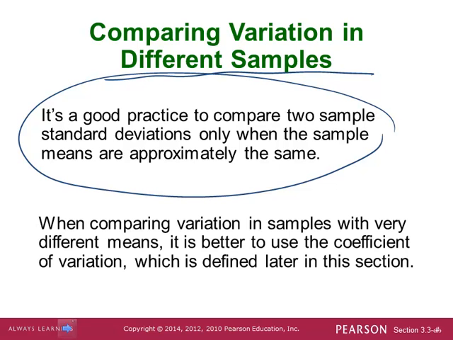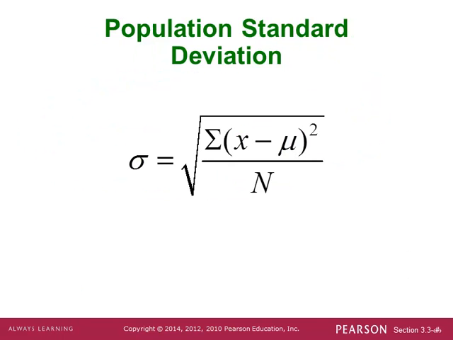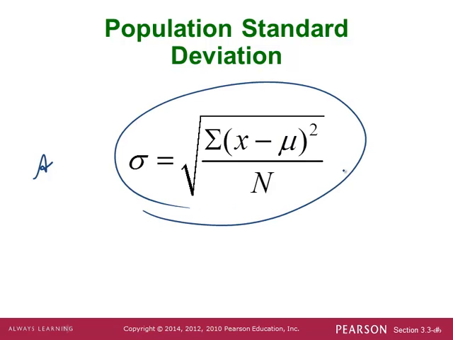Okay. So the very last slide of this presentation, I'll show you briefly how to compute the coefficient of variation for your data set. Now, we had seen how to calculate your sample standard deviation, S. And it looks similar to this, but what we've got going on here is the population standard deviation, given by the Greek letter sigma. Now remember that mu was the population mean, also a Greek letter.